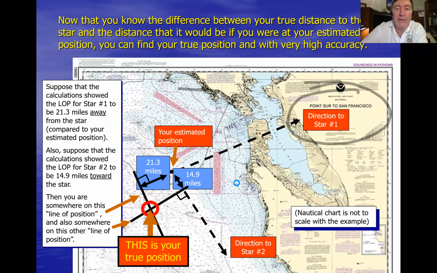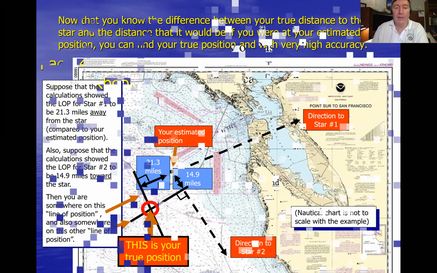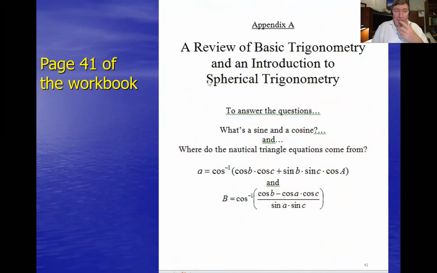But I put it on this map of San Francisco just to help you visualize what's going on. In reality, the chart we're going to work with is an open ocean chart that does not have any features on it. It's just a blank page, and yet we will see that we can still use it quite well. Okay, so first off, let's talk about how trigonometry works.